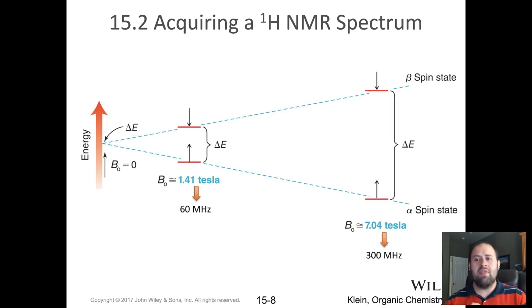Even though it's a different magnet strength that really separates these machines, we often label them based on the radio frequency associated with that strength of magnet and the split it would cause. So you'll not see Tesla in the name of the NMR machines, but rather megahertz: a 60 megahertz machine, 300 megahertz.